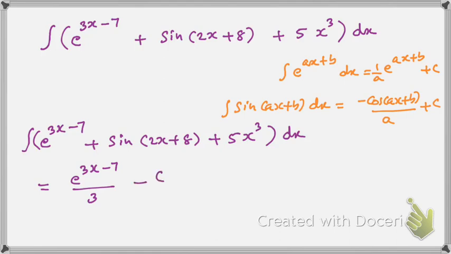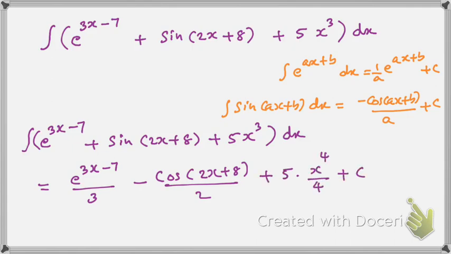Looking at the second term, sin x integral is minus cos x. Sine of 2x plus 8 would be minus cos of 2x plus 8 divided by 2, the inner derivative, or keep a 1 by 2. And when I look at the next term, 5 is a coefficient which stays there, and x cubed is x raised to 4 by 4 plus c.